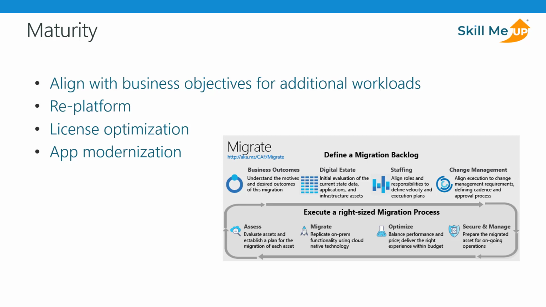So these are all things that we think about as we go about our adoption and our move to the Azure cloud, and these are our first next steps, really.